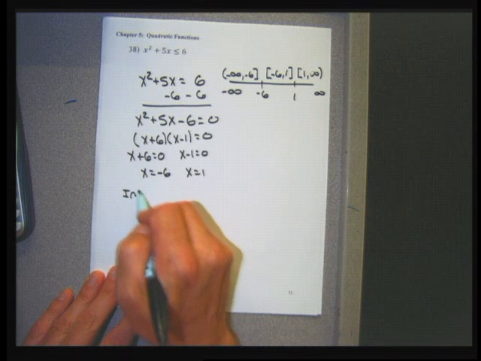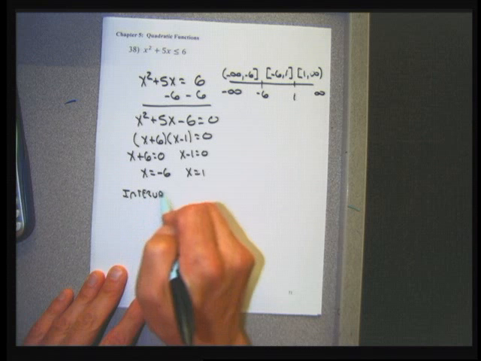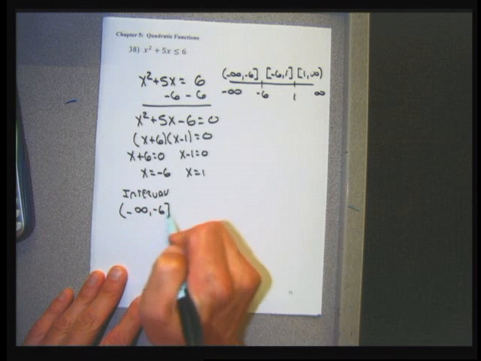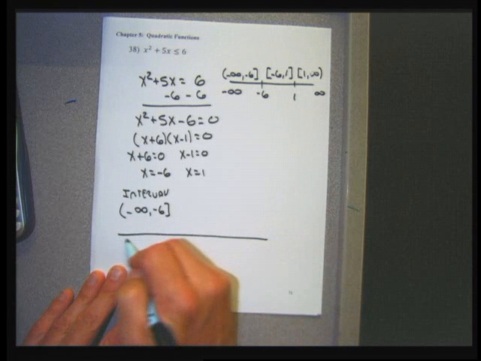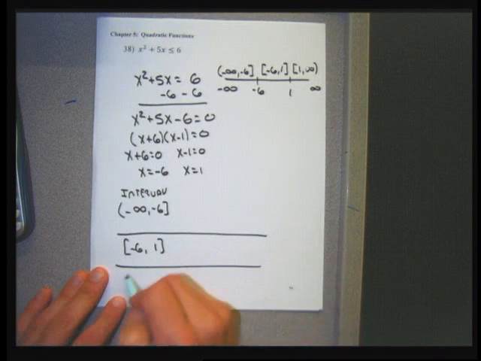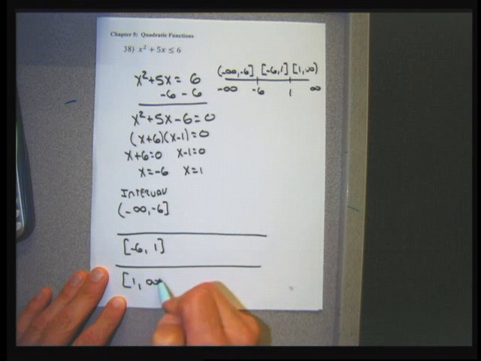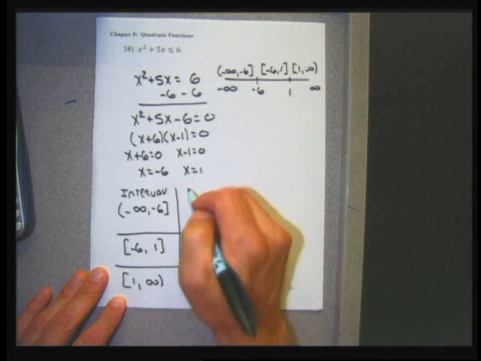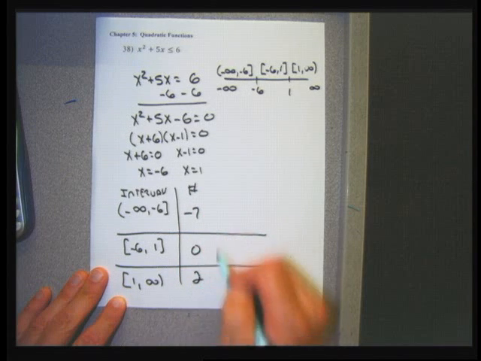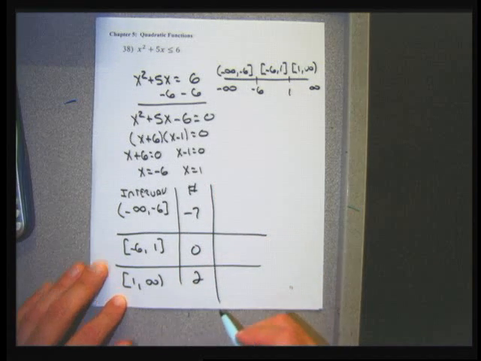So intervals: negative infinity to negative 6, negative 6 to positive 1, positive 1 to infinity. Numbers to check: negative 7, 0, and 2. You can check different numbers, but those make sense.